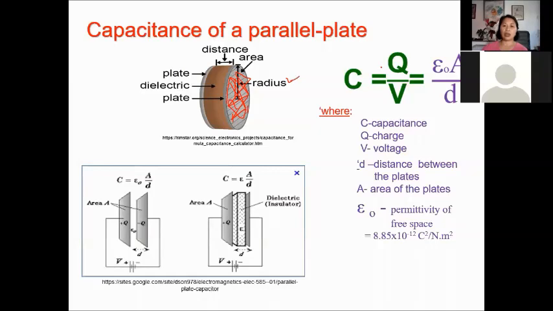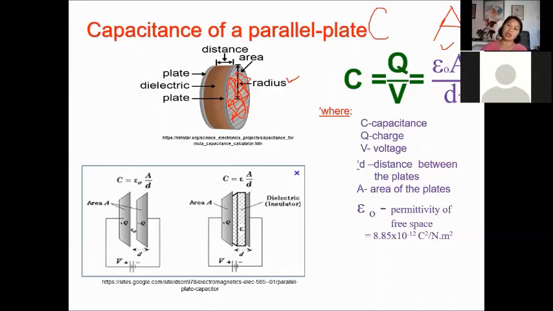That area is pi r squared. So, again, C is equal to Q over V, kung charge at saka voltage ang given. But if area and distance ang given, then use this formula, where we have A for area, D for distance. So, take note that capacitance depends on area directly. Kung ang value ng area is big, that would give us big C.